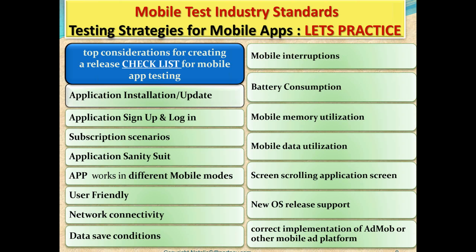Then we have network connectivity. It's one of the biggest cases. So you have to check your application in different connectivity scenarios, and it also varies from test to test. You have to test your application when connectivity is continuous, and when the network switches while you are on the move.